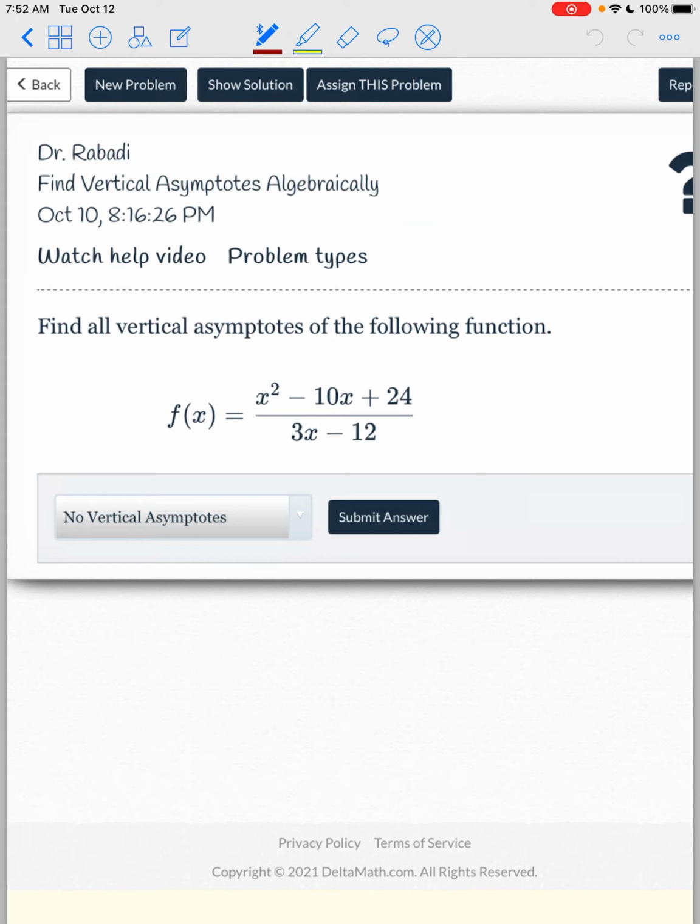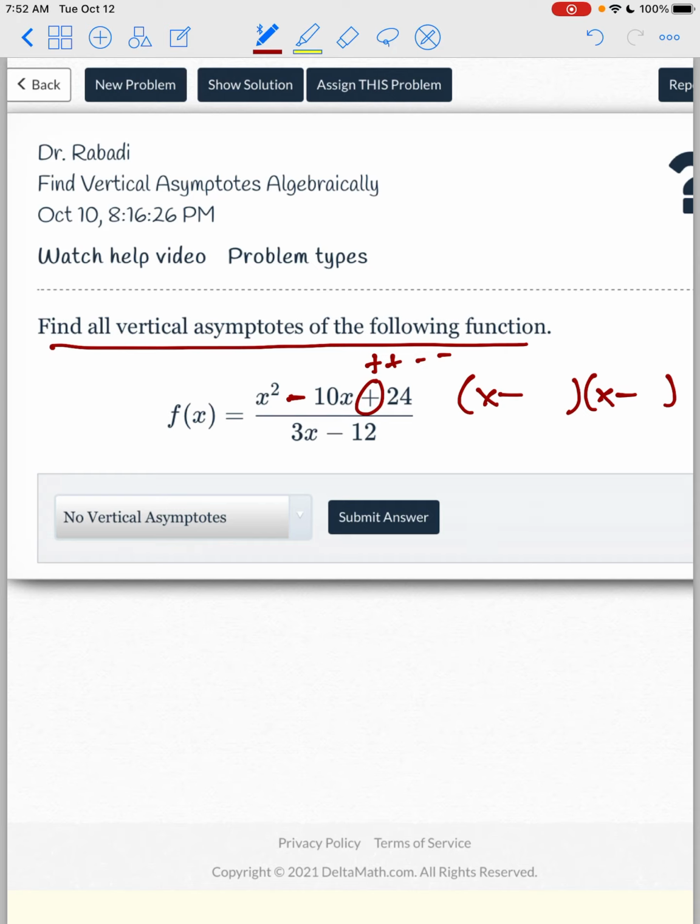Let's try a few problems here. This question says, find the vertical asymptotes of the function. And what you have to do in this case, remember that you have to first factor the numerator, x minus, because you say, what gives me a plus or minus minus? I'll do the minus minus. What 2 numbers give me 24, that add to a -10, -6, -4, and then factor the bottom.